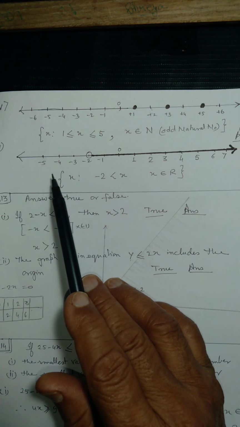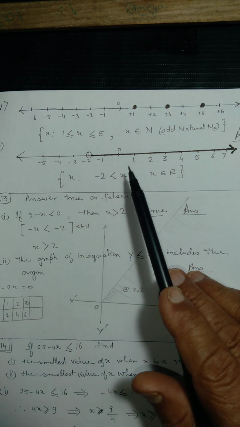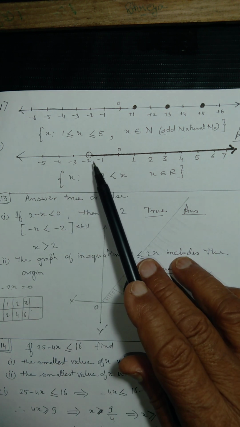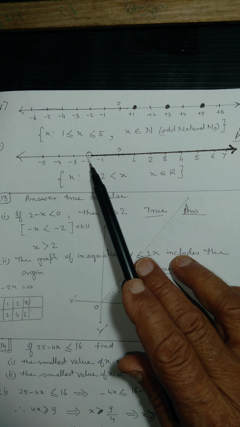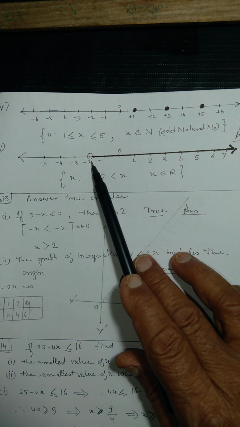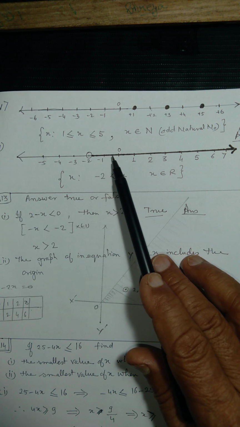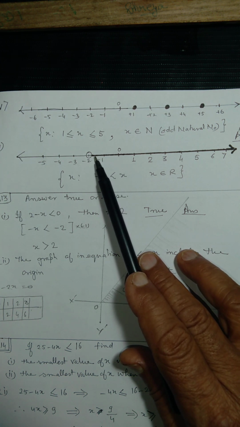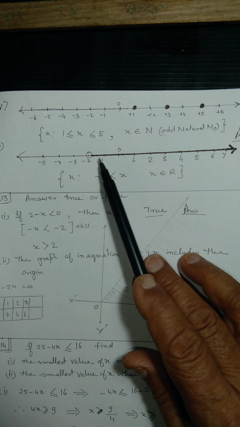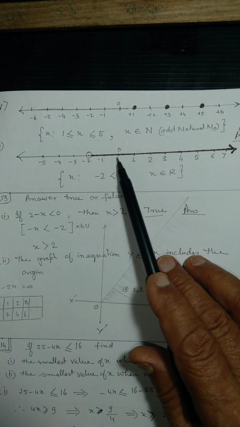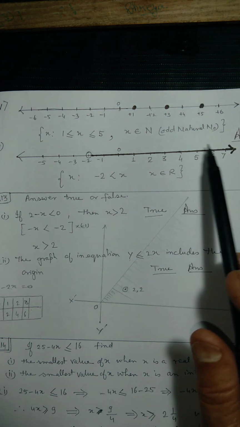Now come to the next part, that is the fifth part. You see the graph is given, minus 2 is not included, and this graph line has started from minus 2, means excluding minus 2 and proceeding towards the right-hand side.